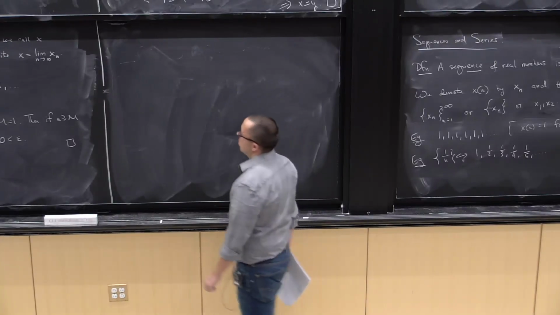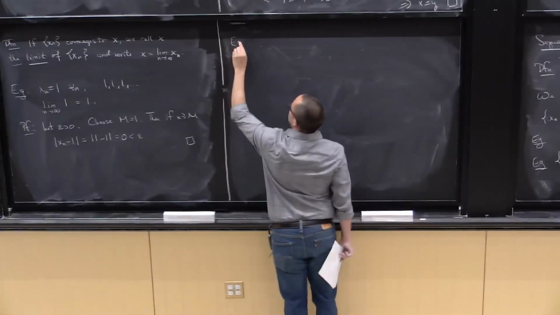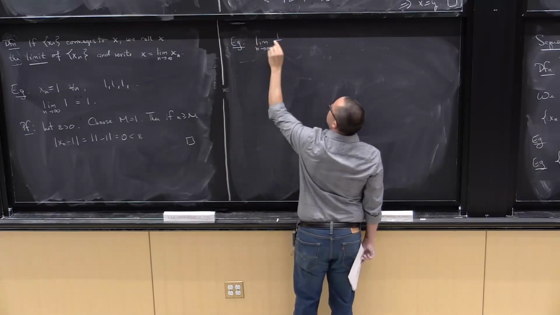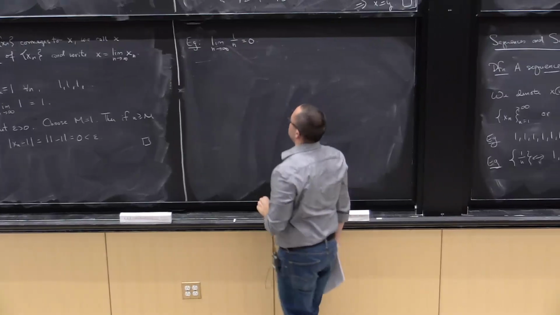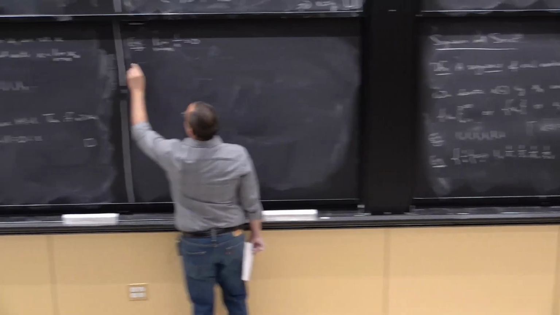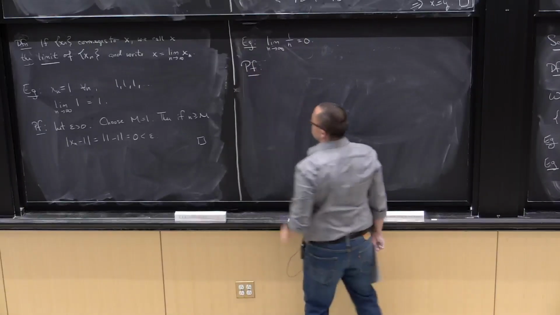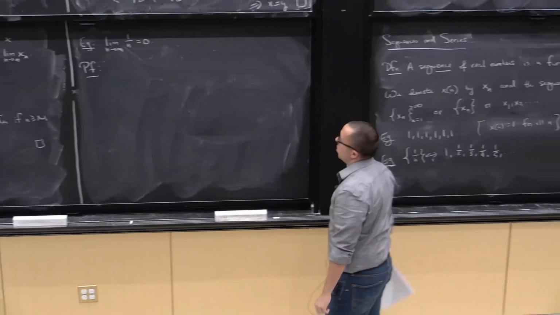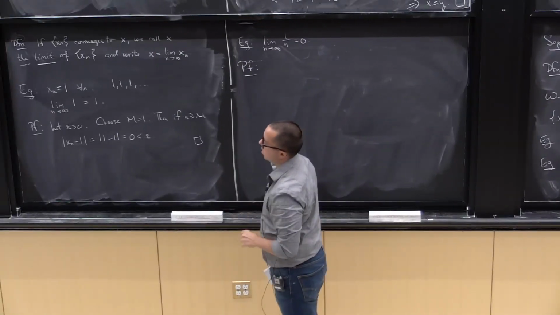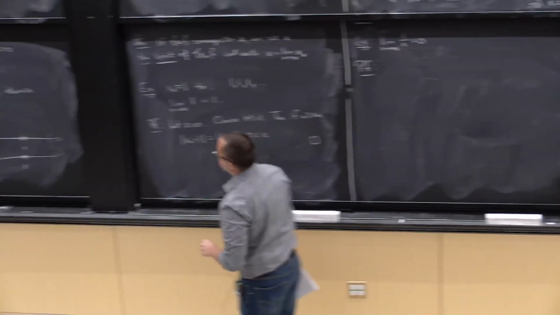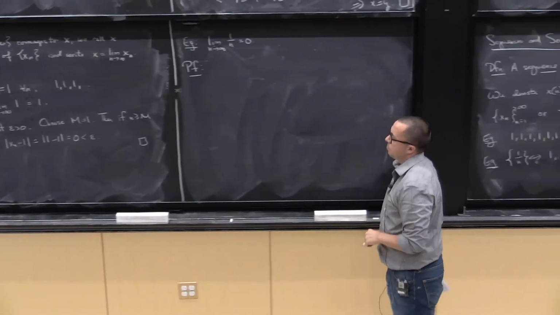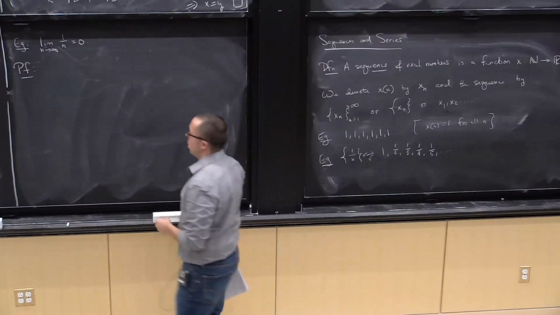So let's do something a little more interesting. How about the limit as n goes to infinity of 1 over n equals 0? Okay? So let's do a proof of this. Again, I'm supposed to be proving this epsilon statement in the definition in order to be able to state this, which is a for every epsilon statement.